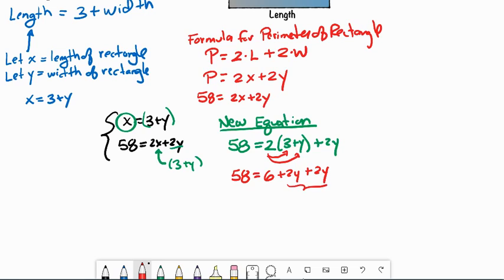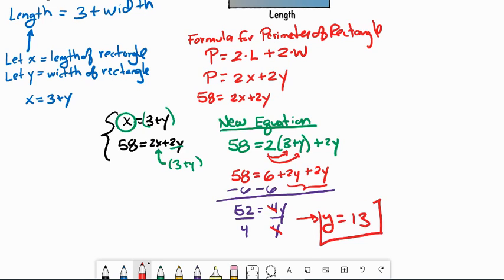We can combine these like terms, and we will subtract the 6 from the other side. So that gives us 52 is equal to 4y. Divide both sides by 4, and we have y is equal to 13.